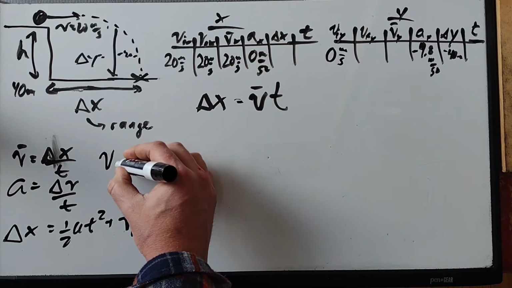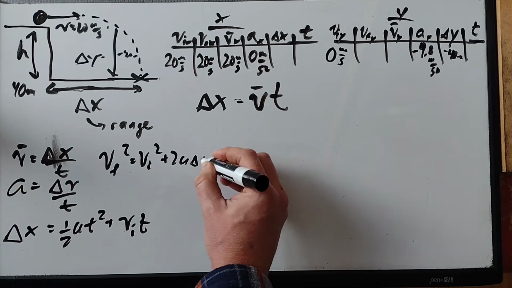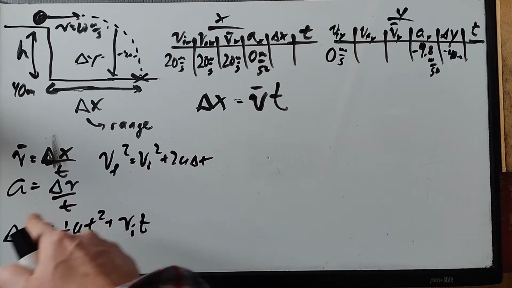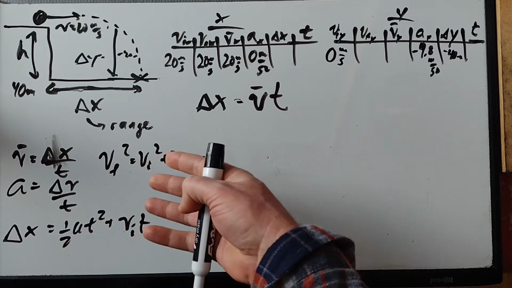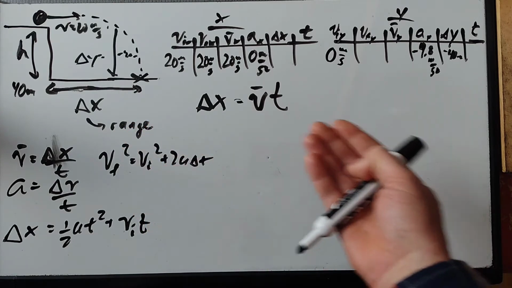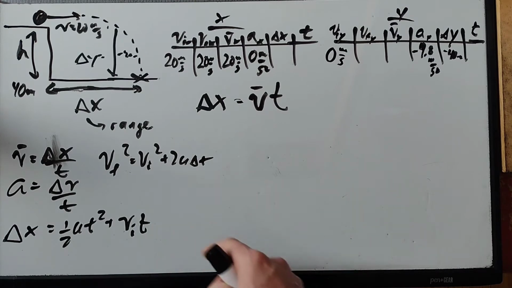Then we have the v squared equation: v final squared equals v initial squared plus 2a delta x. Now, I know we use delta x, but anywhere it says delta x here, we could put in delta y, the vertical displacement. Whether it's x or y doesn't matter. Delta x just means distance or displacement in this case.